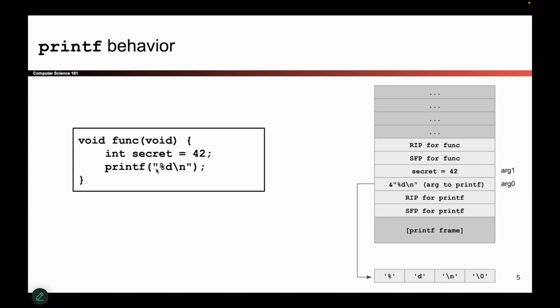Well, again, we get the same stack as before. The only difference is when I push arguments to printf, I no longer push 123, because that's not an argument. I only push a single argument, arg0, and that happens to be a pointer to the %d newline string. So there's just a single argument to printf.